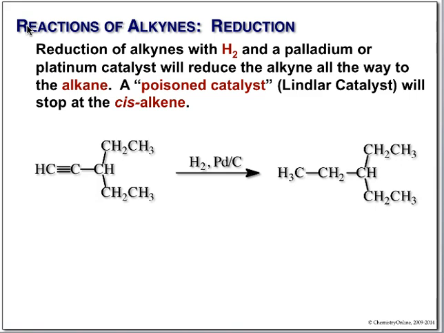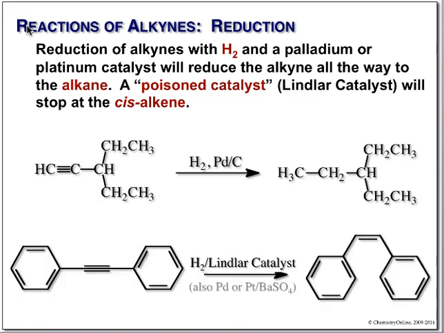What you have to do to make this work is to use a really rotten catalyst. This is called Lindlar catalyst. It's also referred to generically as a poison catalyst.